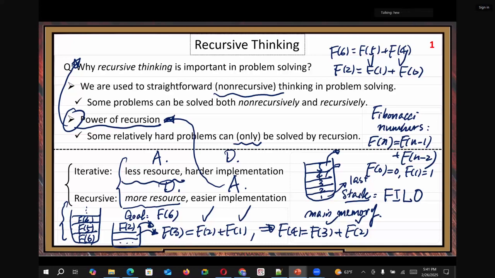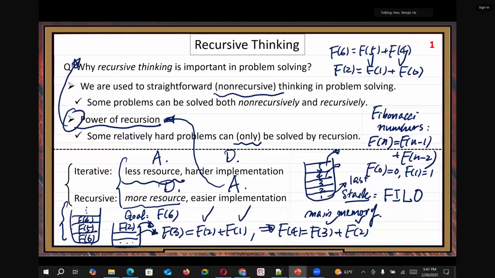You heard of stack overflow, right? So if the stack runs out of your memory, then you get a stack overflow error. Then your whole program terminates immediately. So that's a runtime error. So that's the drawback, right?